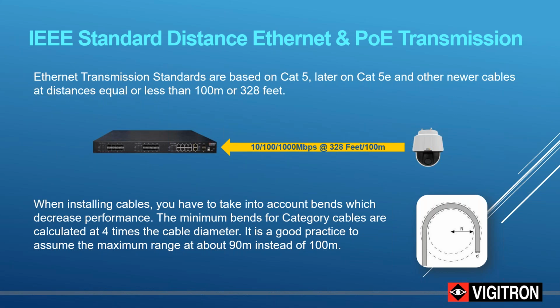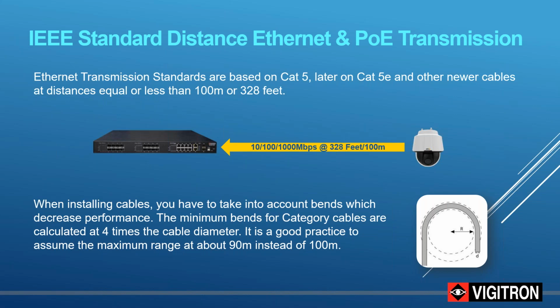The first thing we need to take into consideration is the actual value of 328 feet. In reality, there may be additional resistance within the cable itself, and this results from how the cable is installed. Regardless of the quality of the installation, cable bends, and when these bends occur, they increase the resistance within the cable itself.